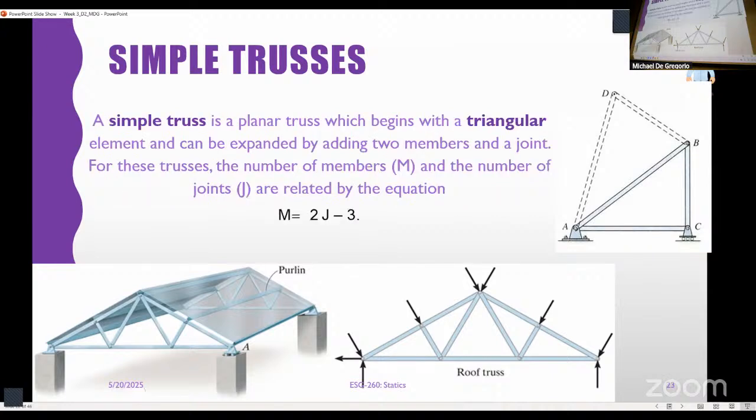Okay. A simple truss is a planar truss, which begins with a triangular element like this one. And then we expand it by adding two more members in a joint like these guys here, right? And so the number of members, M, and the number of joints are related by this equation: the number of members is equal to 2 times the number of joints minus 3.